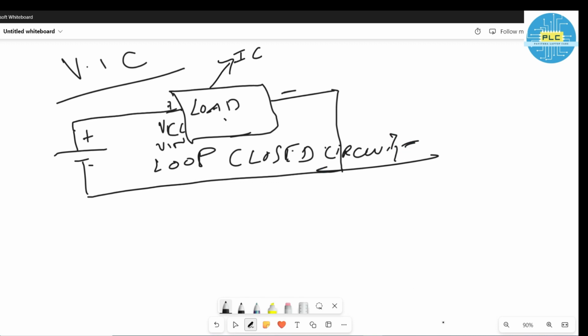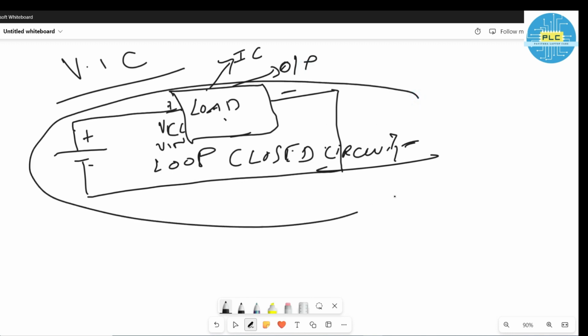Now, if you consider this as an IC, it will give the appropriate output. This concept you have to understand. If the load is an IC, then according to the load, the IC will give the appropriate output.